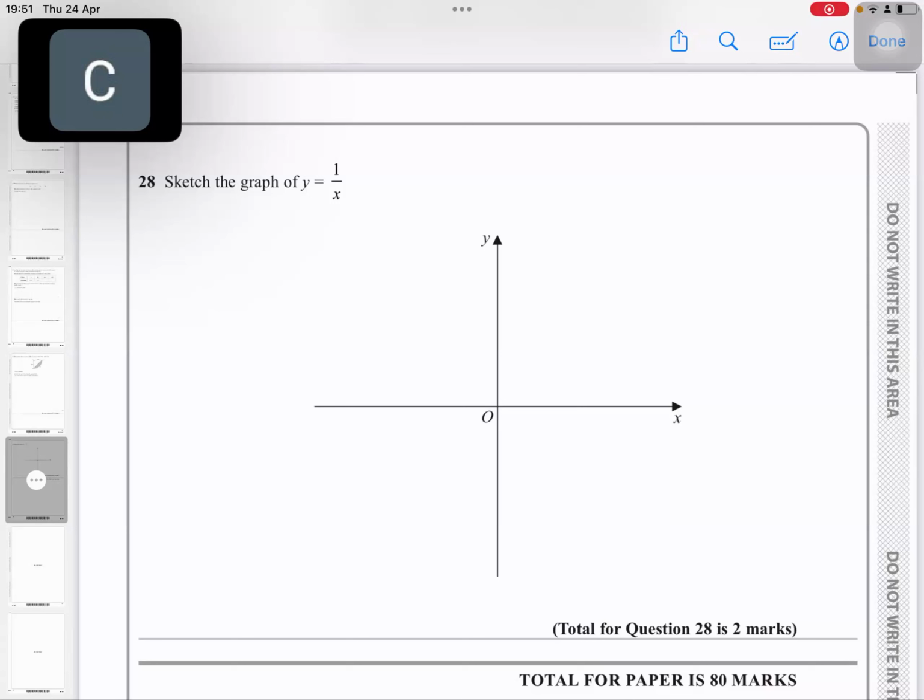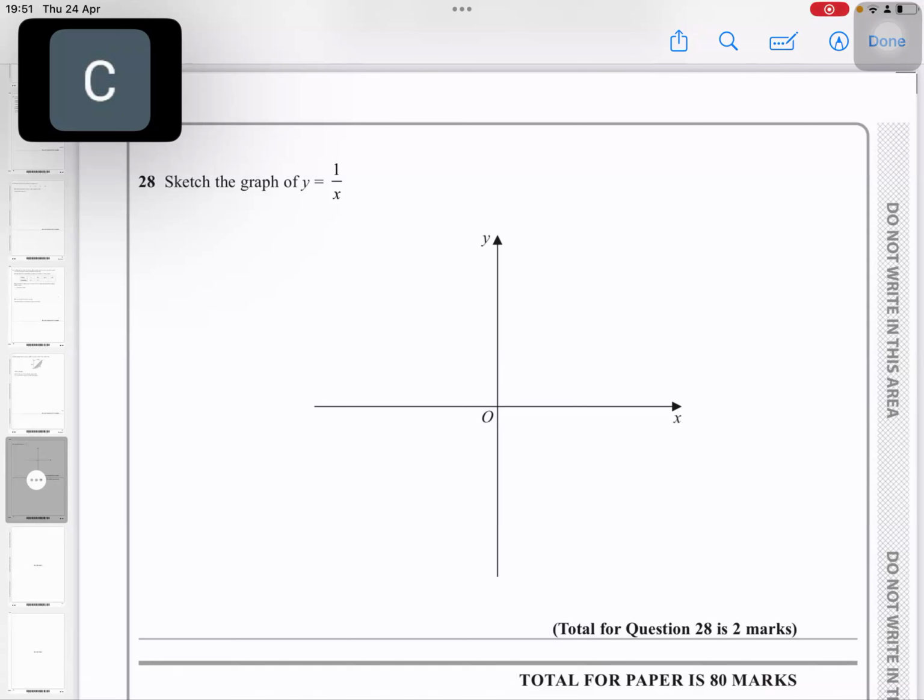Okay. It says sketch the graph of y equals 1 over x. Let's see. When x is 1, y is 1.